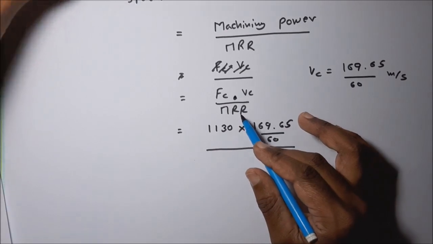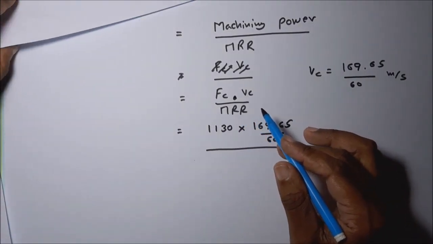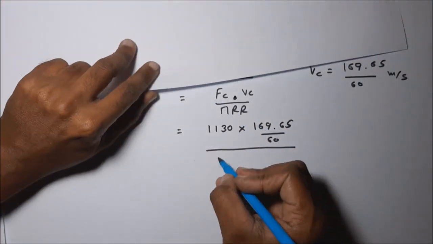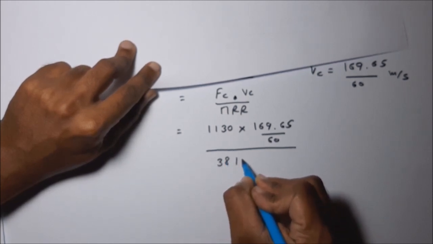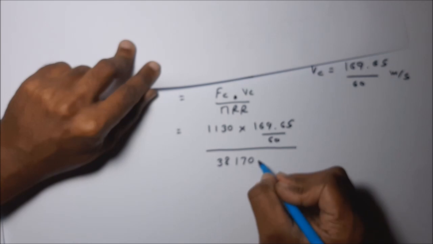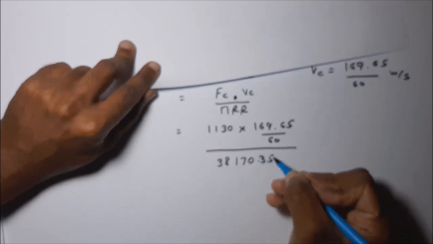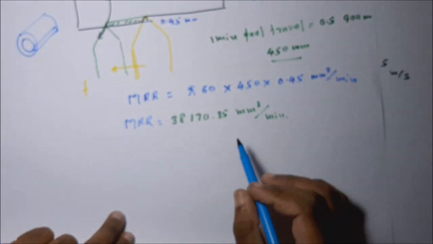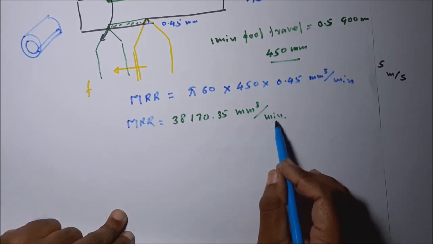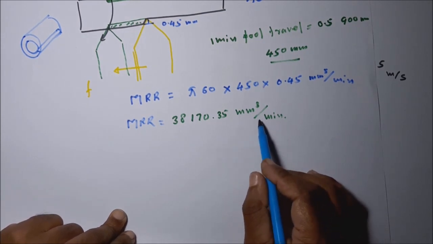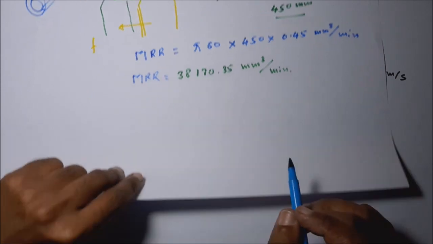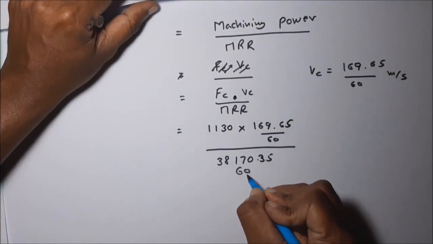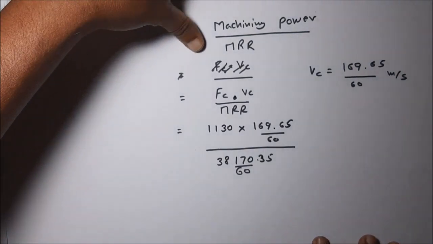So what is the material removal rate per 1 second? 38,170.35 is the value in cubic millimeter per minute, so for cubic millimeter per second we have to divide by 60.